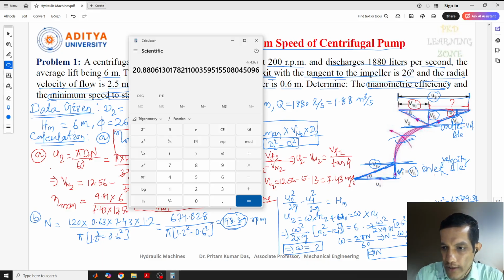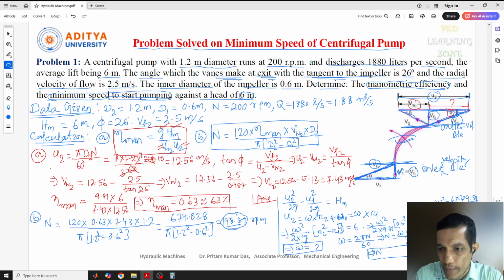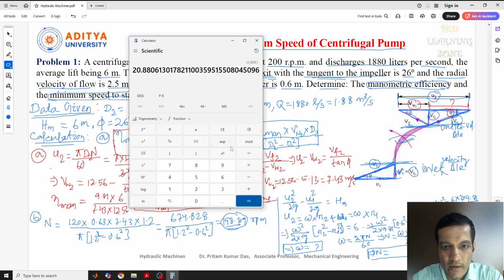So here we got the value, omega equal to 20.88, correct. Now I'll put this value here, then we can find out the value of n. Let me multiply this by 60 and divide by 2 into pi.